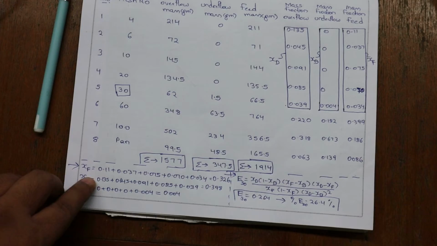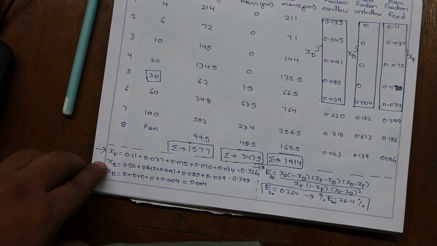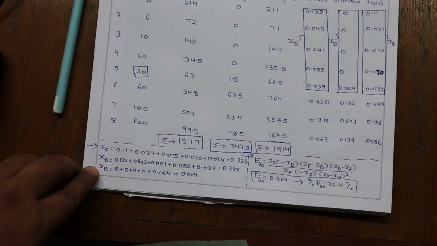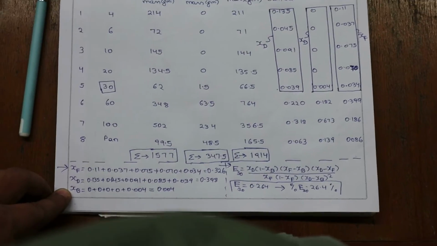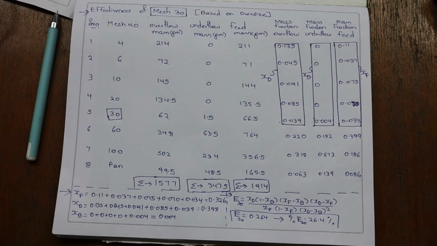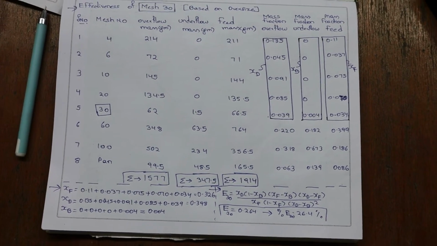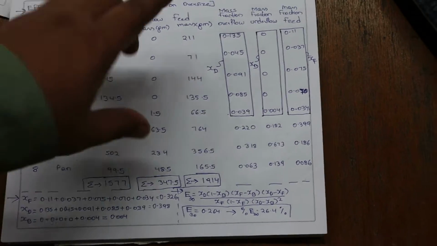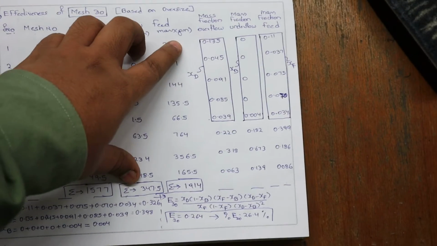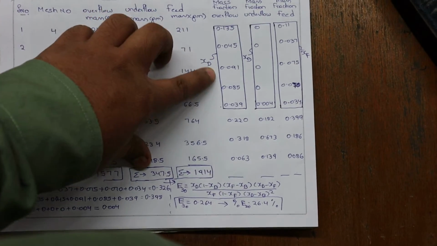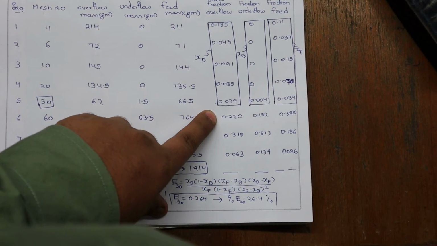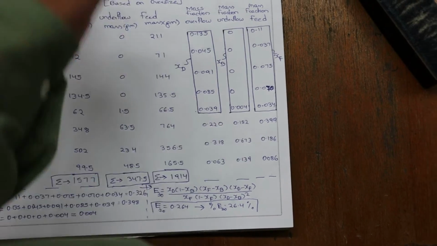Now, what are XF, XD, and XB in our calculations? As we are finding the effectiveness for the overall oversize, the summation of all the particle fractions over screen number 30 in the overflow is my XD.